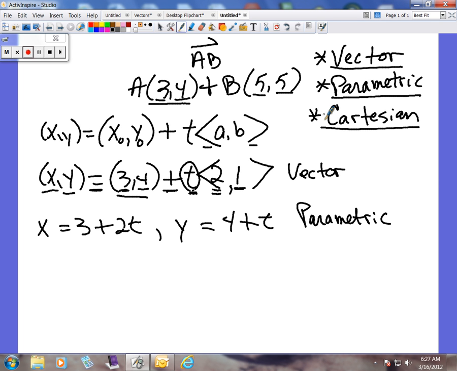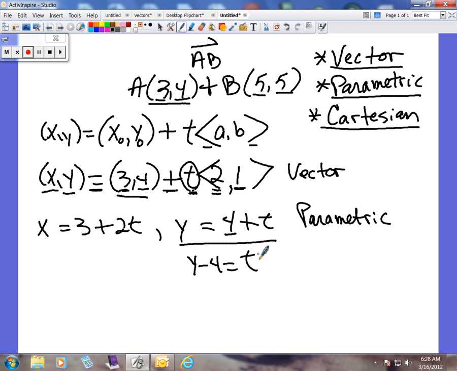Well, now we're going to use some algebra. Simultaneous equations, and we want to eliminate the t's. So we're going to manipulate one of our equations and solve it for t. And then we're going to substitute. Let's see here. So we can get rid of the t. So let's take this equation and solve it for t. So we're going to transpose the 4, and we will have y minus 4 equals t.